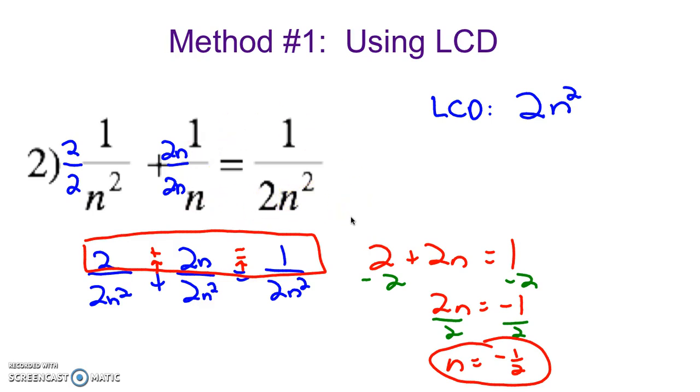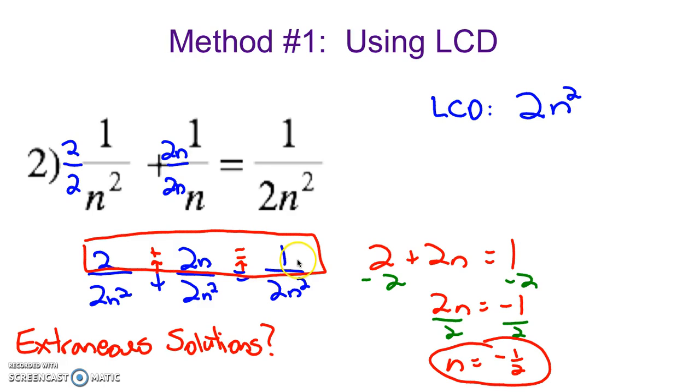There is one extra thing you have to look for when dealing with rational equations, and that is extraneous solutions. If you recall from radicals, extraneous solutions occur when the answer you got doesn't work in the original equation. Well, what's not going to work in the original equation is anything that would cause any of the fractions to be undefined.